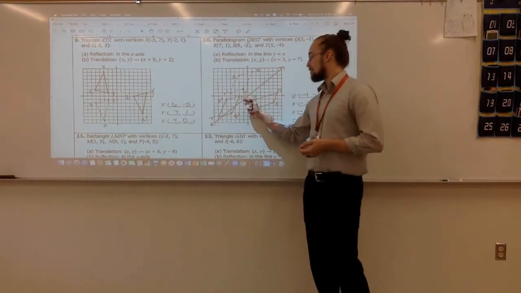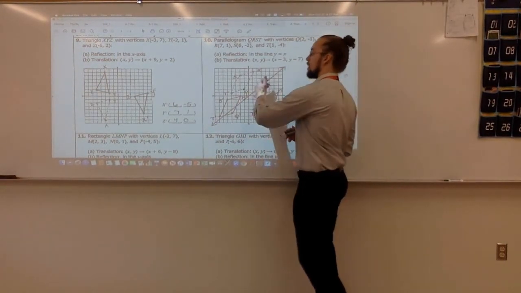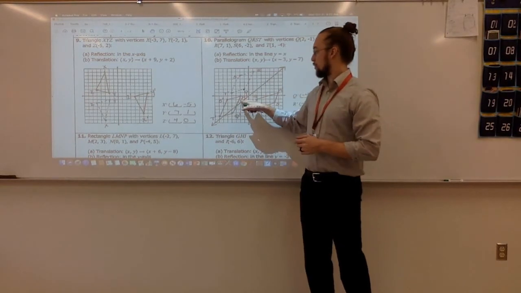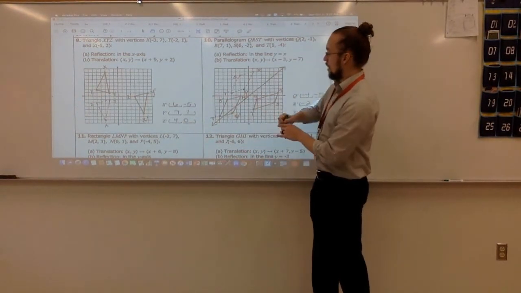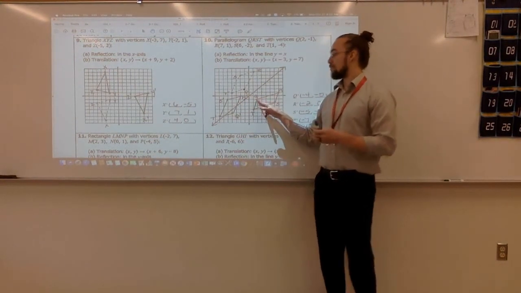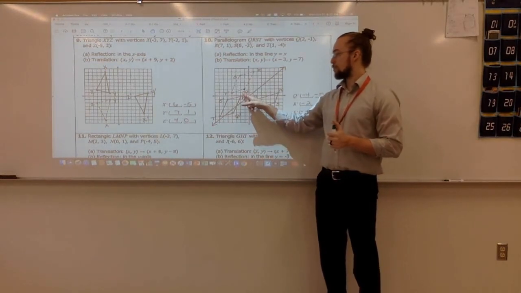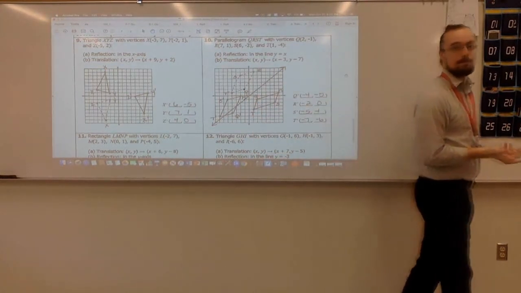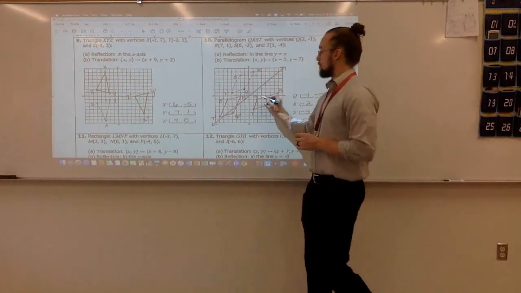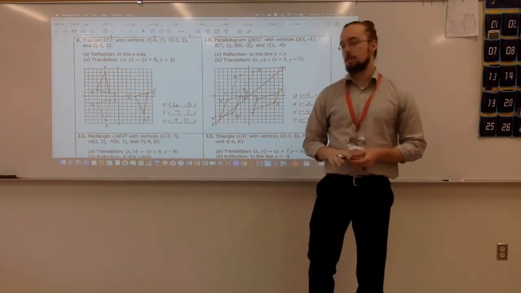We can't just go that distance across, because if we think about folding across this line, if I put my figure 1, 2, 3 over here and I fold across this line, that's not going to match up. So to reflect across y equals x, we count 1, 2, 3 over, then 1, 2, 3 up. If we go up 1, 2, 3, then left 1, 2, 3, we'll end up in the same spot.